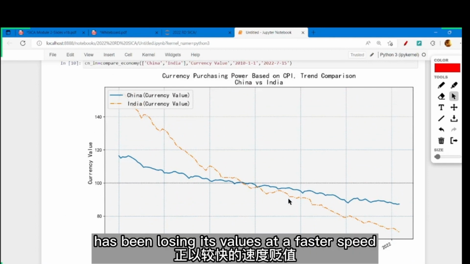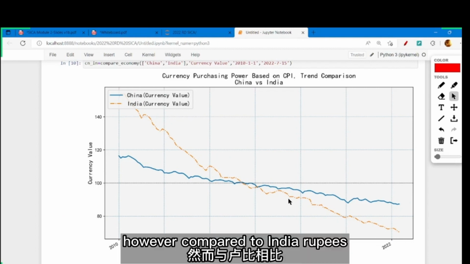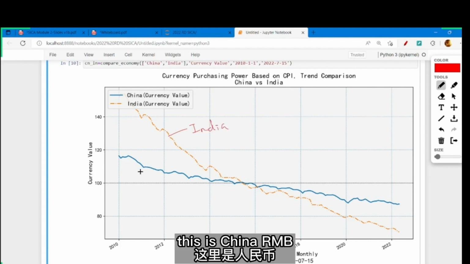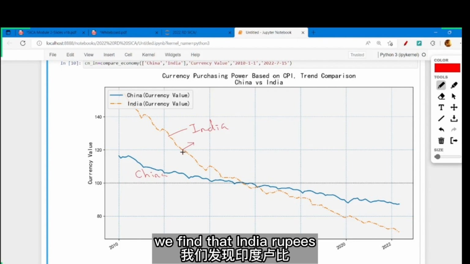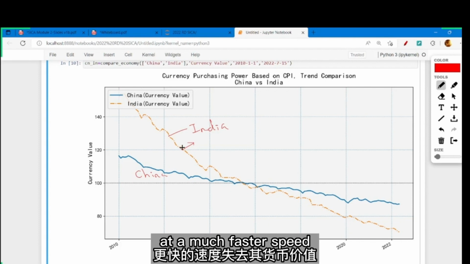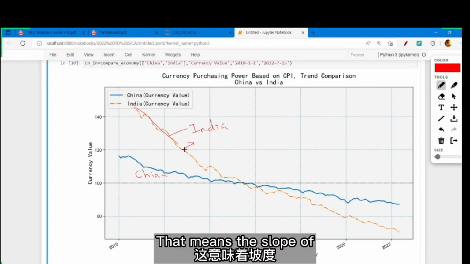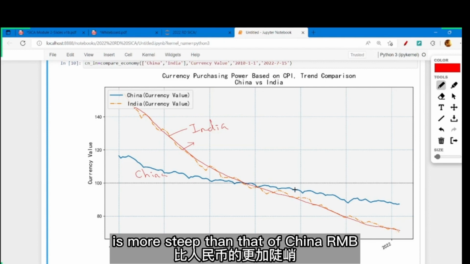Although RMB has been losing its value at a faster speed than Japanese yen, compared to Indian rupees, this is Indian rupees, this is China RMB. We find that Indian rupees has been losing its currency value at a much faster speed compared to China. That means the slope of the Indian rupees curve is more steep than that of China RMB.